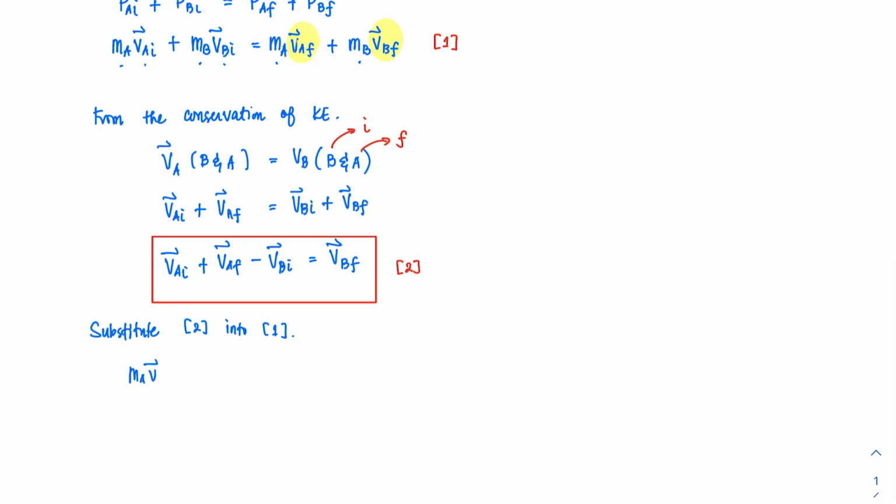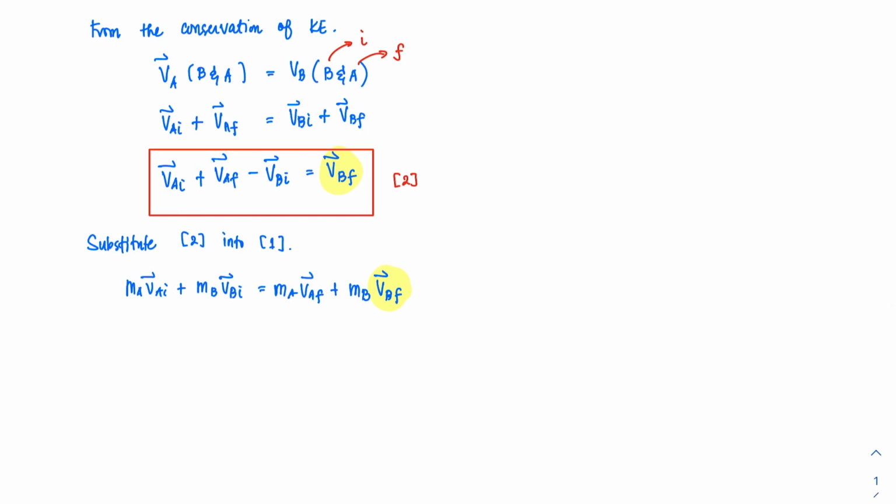So I have MA VAI plus mass of B VBI, and be very careful with the notations and subscripts, equals MA VAF plus MB VBF. So this VBF term here is where I will substitute my equation 2. So when I do that, this will look like this.